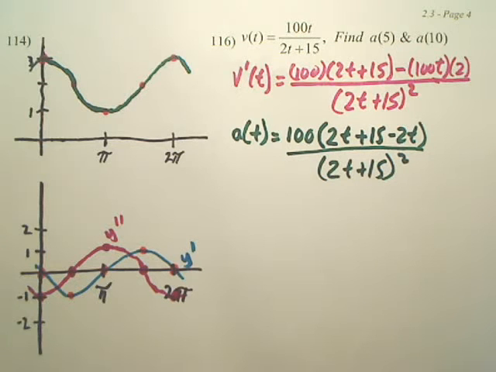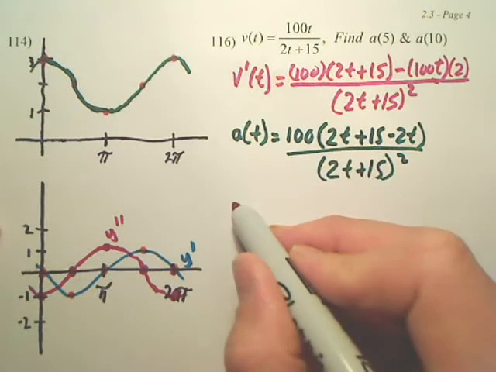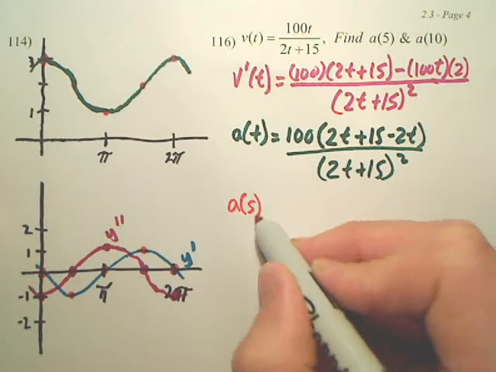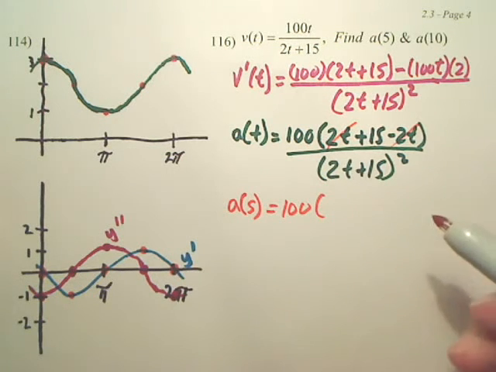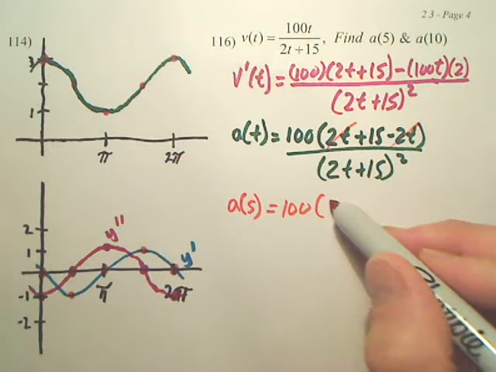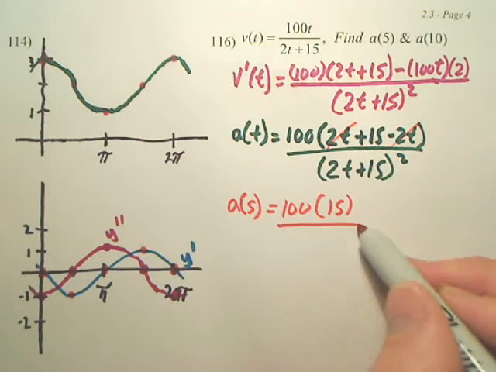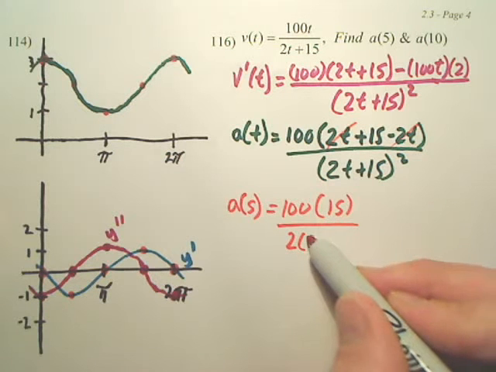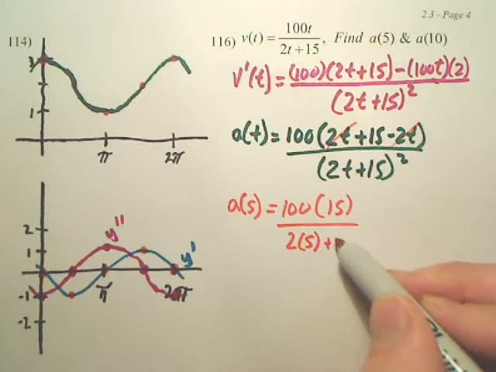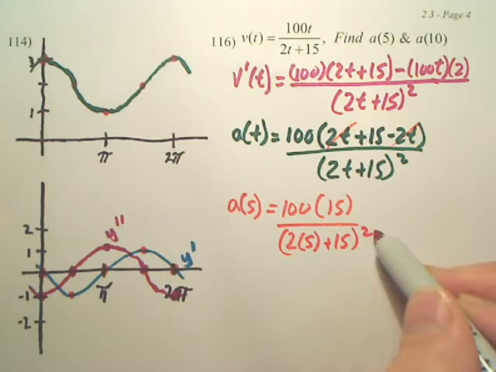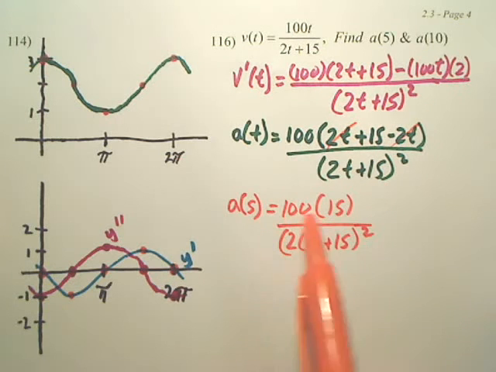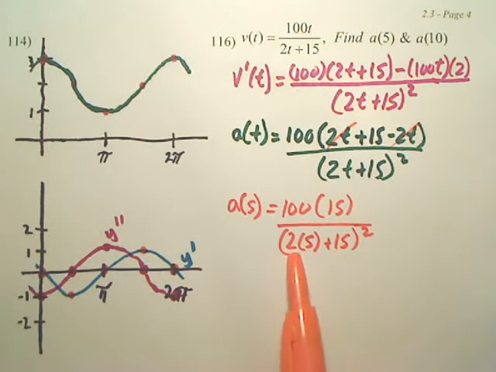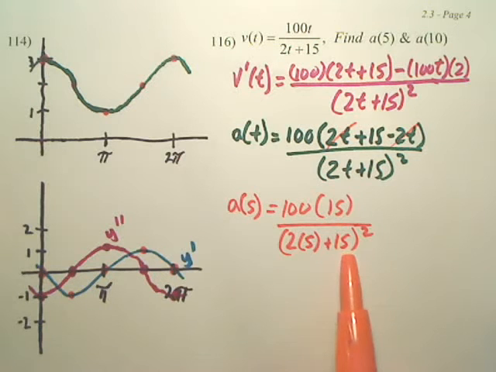Do the t's disappear on top? It looks like it. So basically, let's do a of 5 is going to be 100, and on the top, don't these cancel? So I just put times 15, we know what that's going to be. Over 2 times, don't we plug in 5 for t? a of 5, again these canceled, so we have 1500 on top, and this becomes 10 plus 15, which is 25, 25 squared.